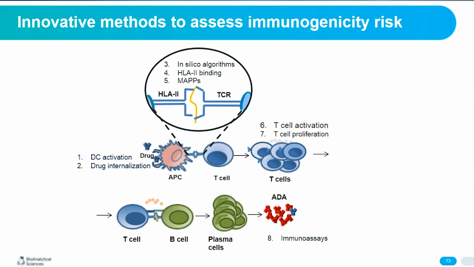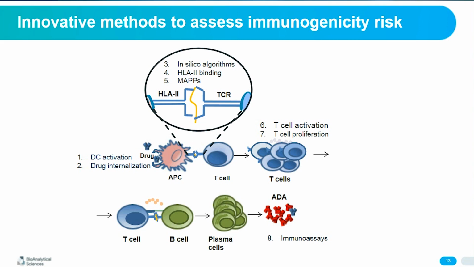The next step in the immune response against the biotherapeutic would require that the biotherapeutic or peptides of this biotherapeutic be presented by the antigen-presenting cell. This step can be assessed, for example, by in silico algorithms. The current in silico algorithms are aimed to predict, based on trained data sets of peptides, what are the areas within our biotherapeutic or for a given peptide that will bind or be presented by the HLA class II. By proxy, increased binding or presentation of those sequences may suggest increased immunogenicity of the drug. The other method is in vitro HLA-II binding.